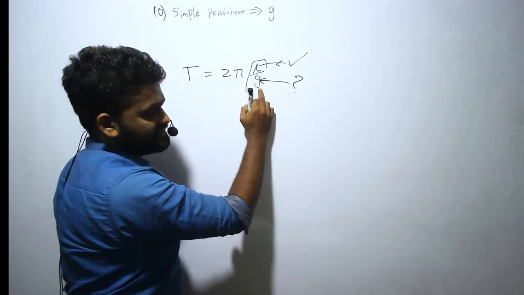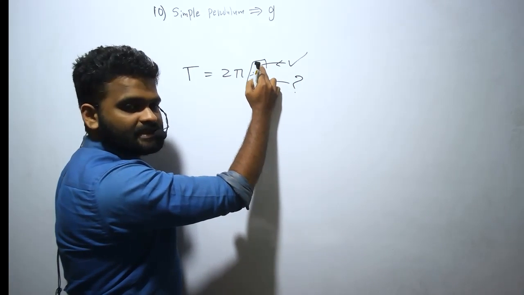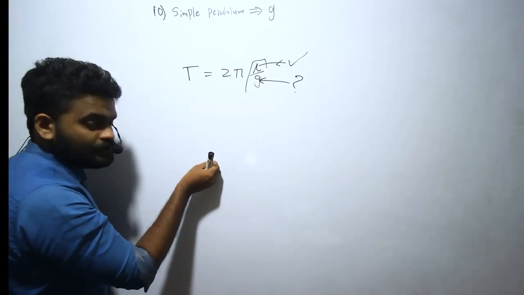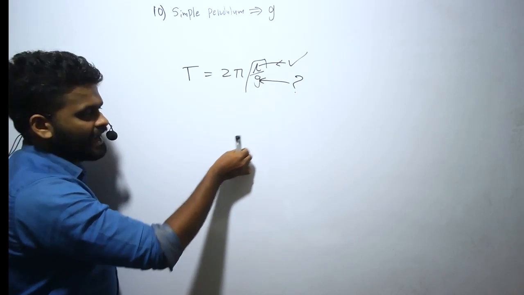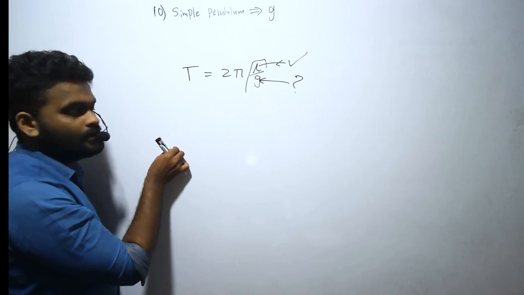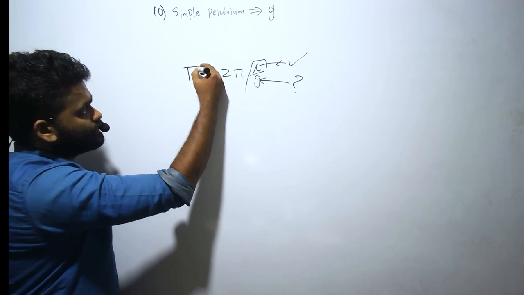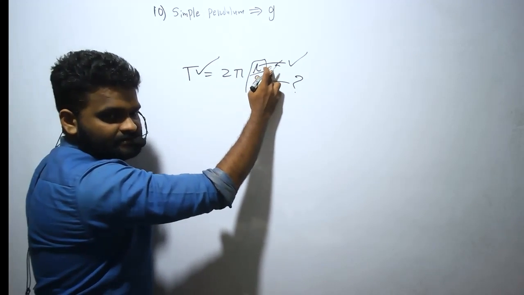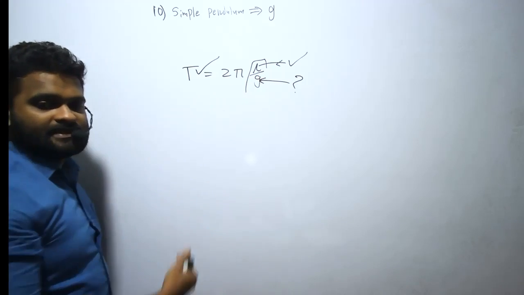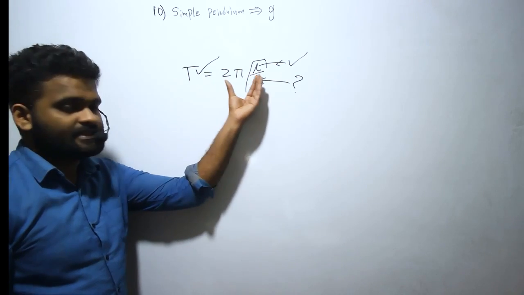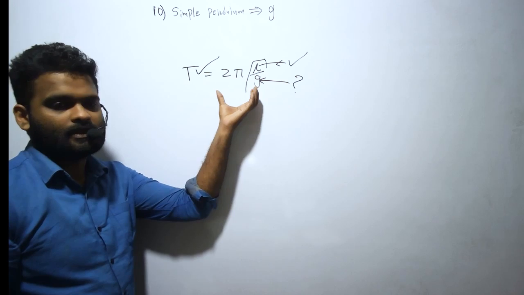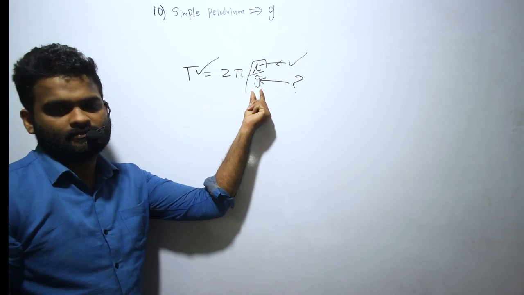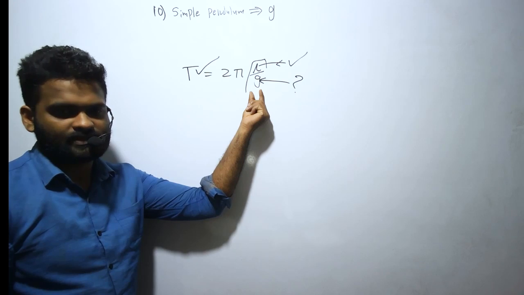We can simply measure the length. And you just give this oscillation, and using a stop clock, you can measure t as well. You can measure time period and length. Then just by substituting these in this equation, you can get a value for gravitational acceleration, right?